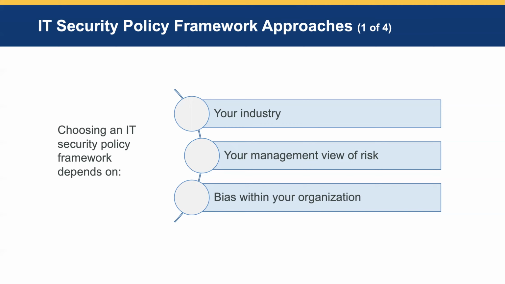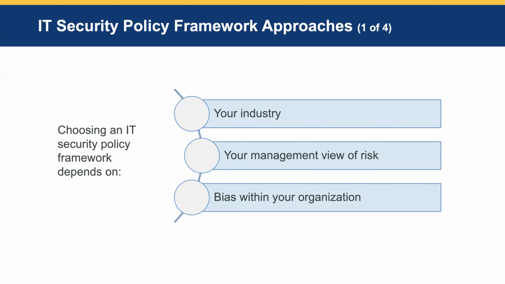So with this in mind, we need to take into consideration the industry that we're dealing with. We'll need to understand how management views and how they have been trained to handle risk. And then we'll also need to focus on any biases that might be present within the organization.